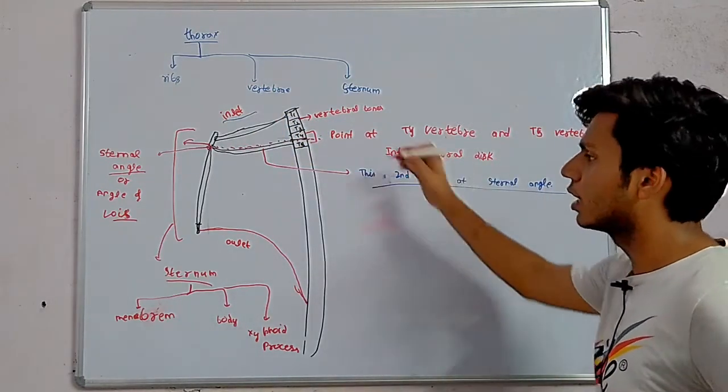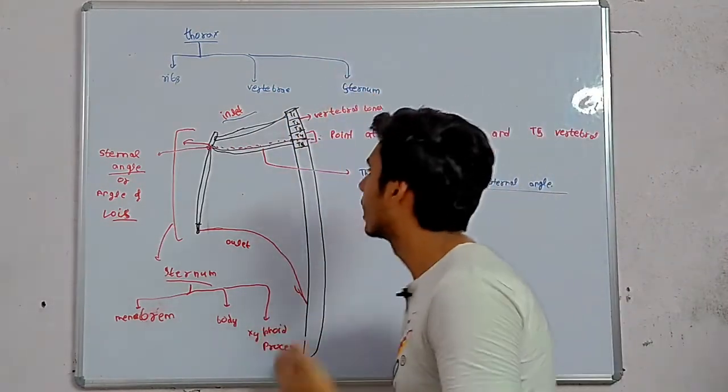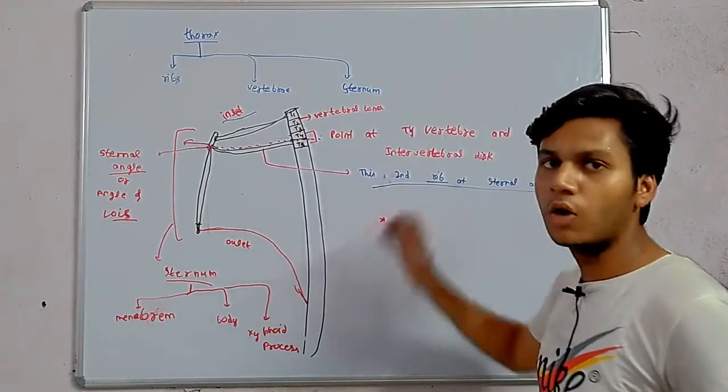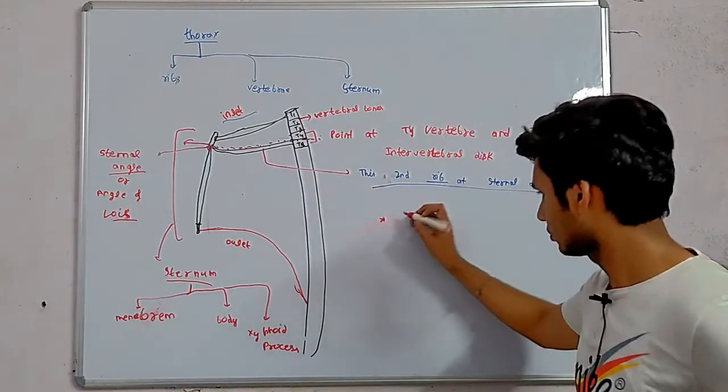Inlet में हम बात करेंगे, मतलब क्या क्या structures इस thorax के अंदर आएंगे. Like say, what are the major structures entering the thorax?